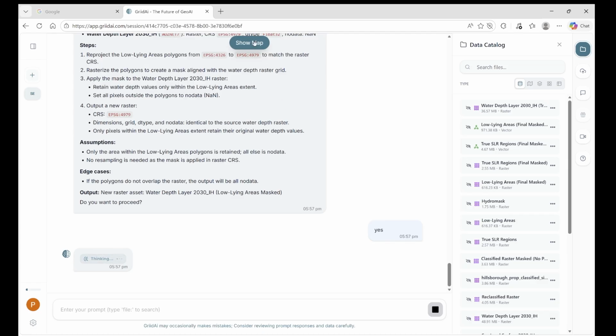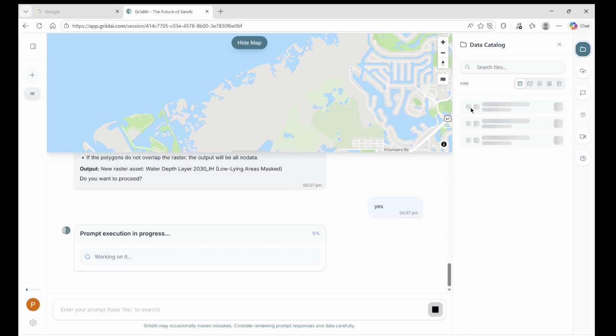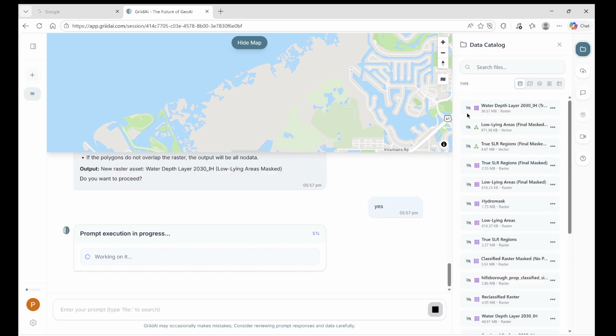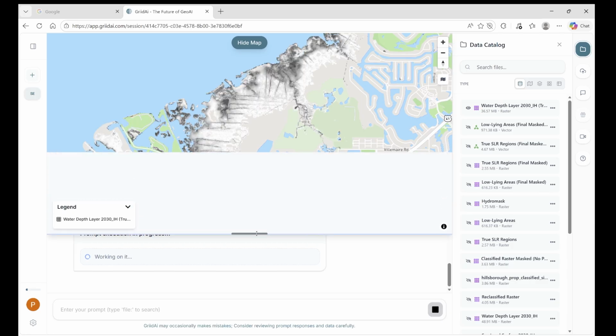In the meantime, let us see how the water depth for the true SLR regions has come out.